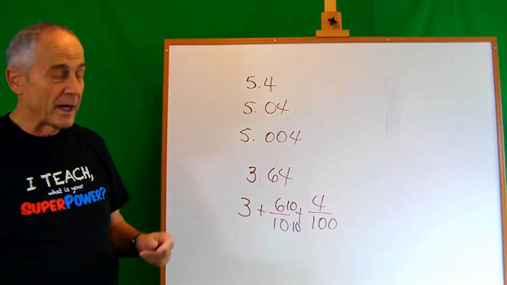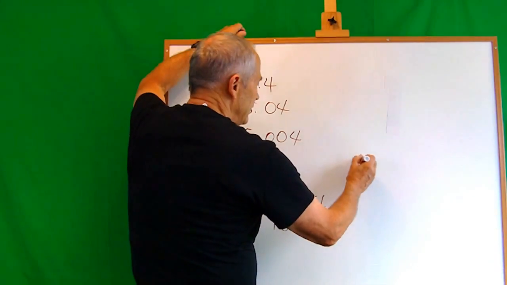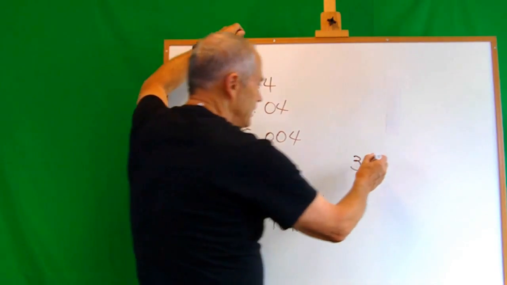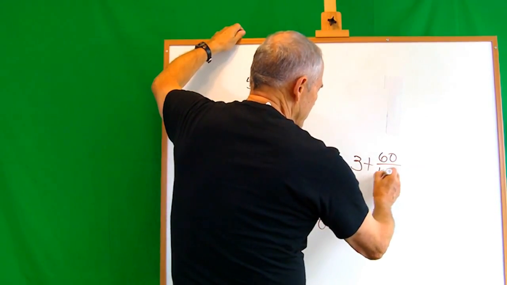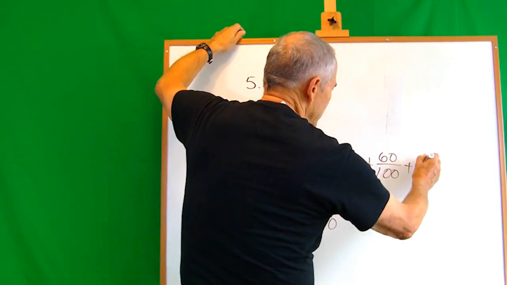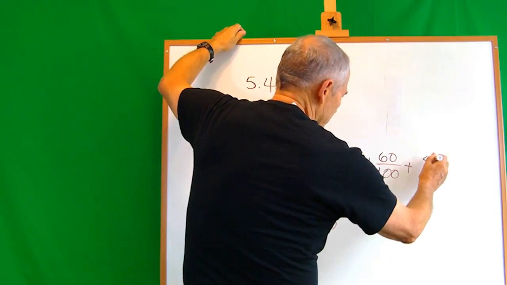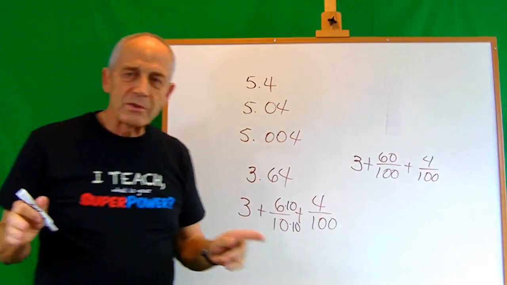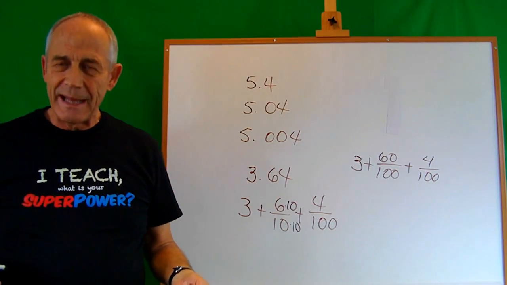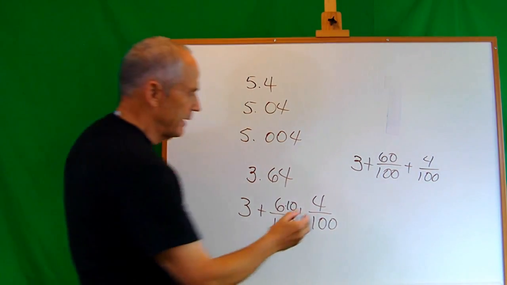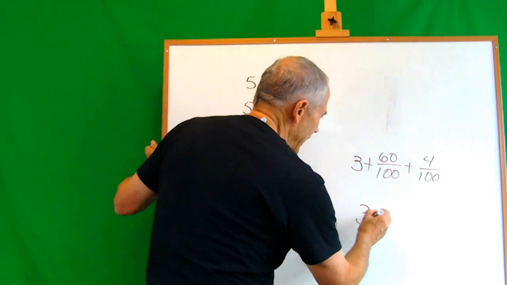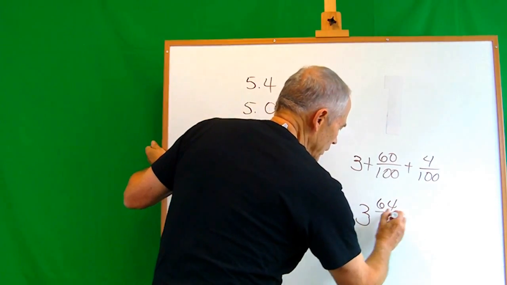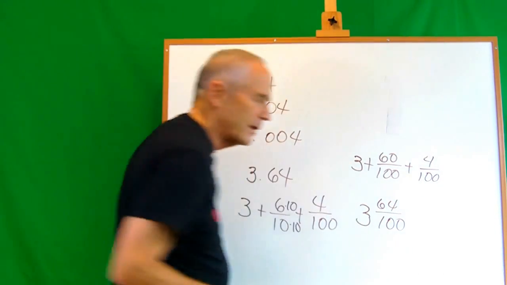So now what we've got is 3 plus 60 over 100 plus 4 over 100. Now those two are the same, so we can add them. And we will get 3 and 64/100.